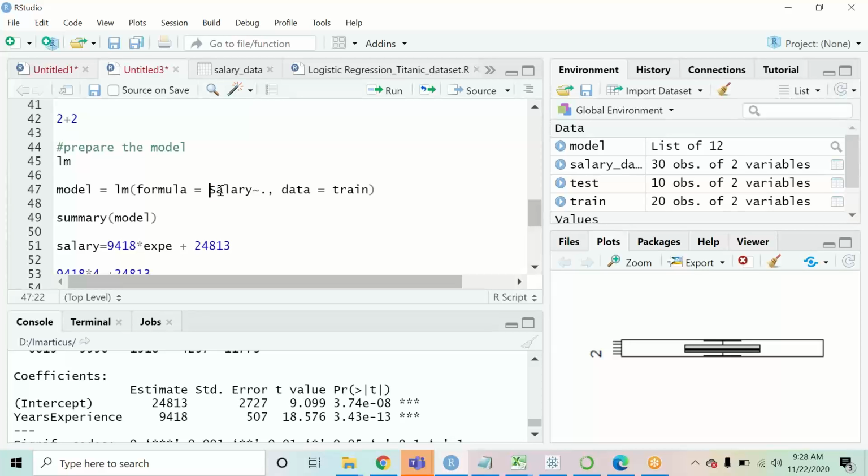Please ensure that S is in capital in salary, right? Yes. Just a minute. That's a mistake actually. Yeah, thank you. I got it.